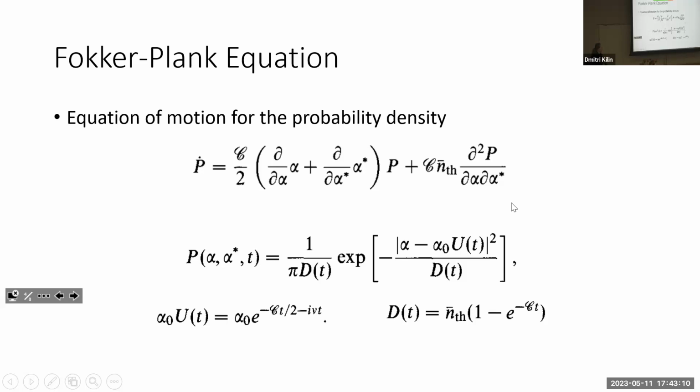As talked about in the other laser classes, we already know what C is, and alpha and alpha star in this case: alpha is the annihilation operator and alpha dagger is the creation operator.